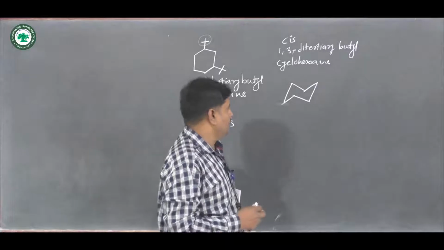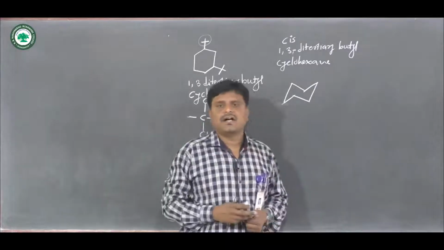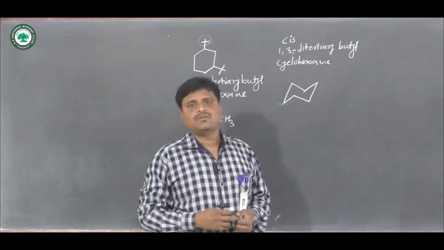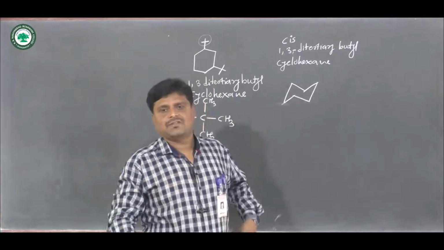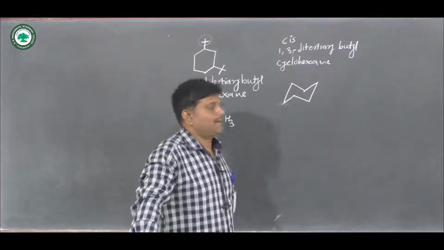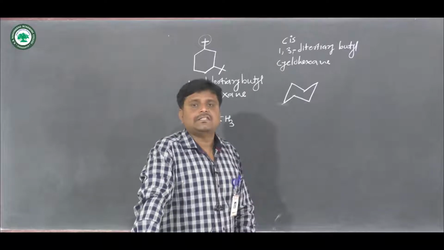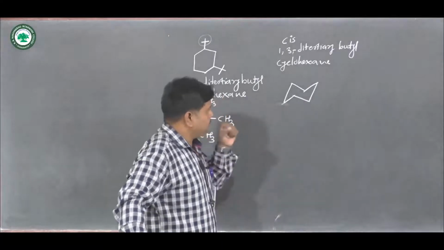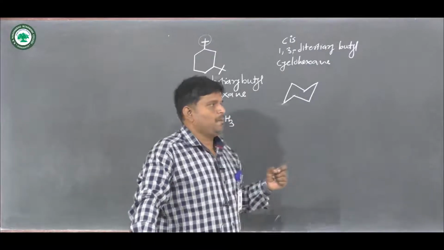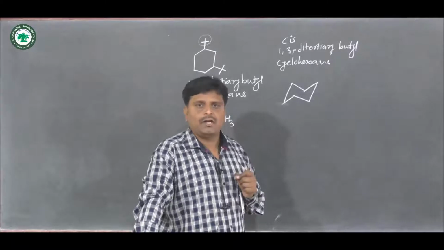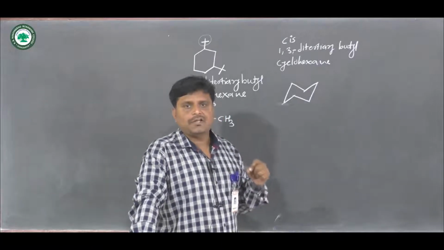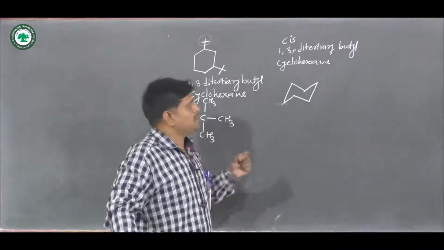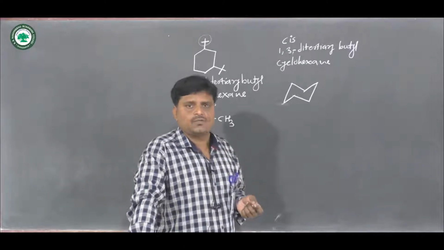We already discussed the actual position of any bulkier substituent present on the ring. At that time we said the bulkier group is always placed at the equatorial position, because it is less hindered by the other adjacent groups.